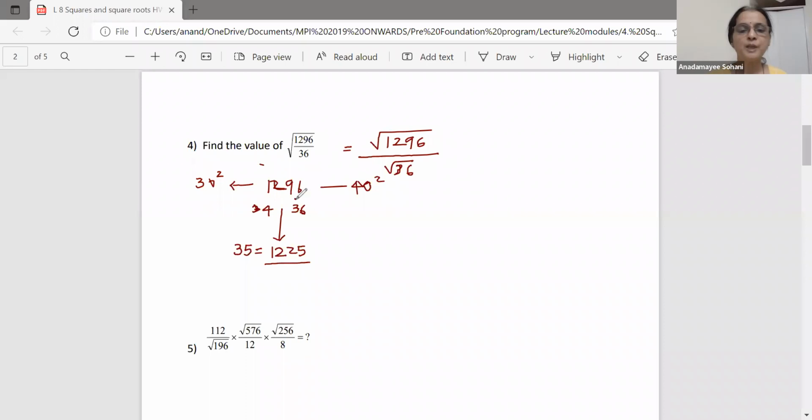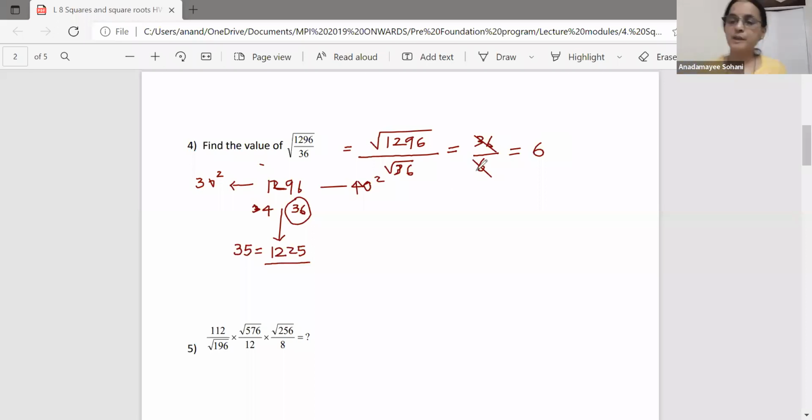Therefore, 1296 is the square of 36. So this will be 36 upon the square root of 36, which is 6. Cancel. Answer is 6. This is the first method. We found the square roots of both the numbers separately and then did the division.